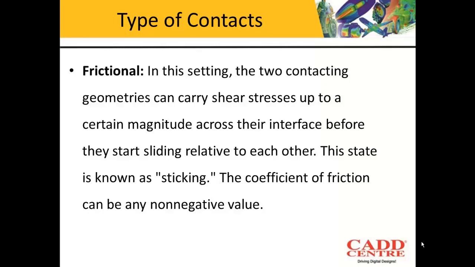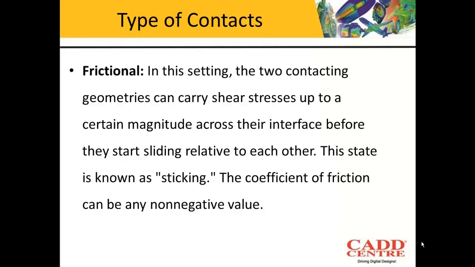So if we talk in simple words, the surfaces are allowed to slide by a user-defined value of coefficient of friction, mu. So if you want to allow the sliding by some user-defined value of coefficient of friction, you can use a frictional contact.